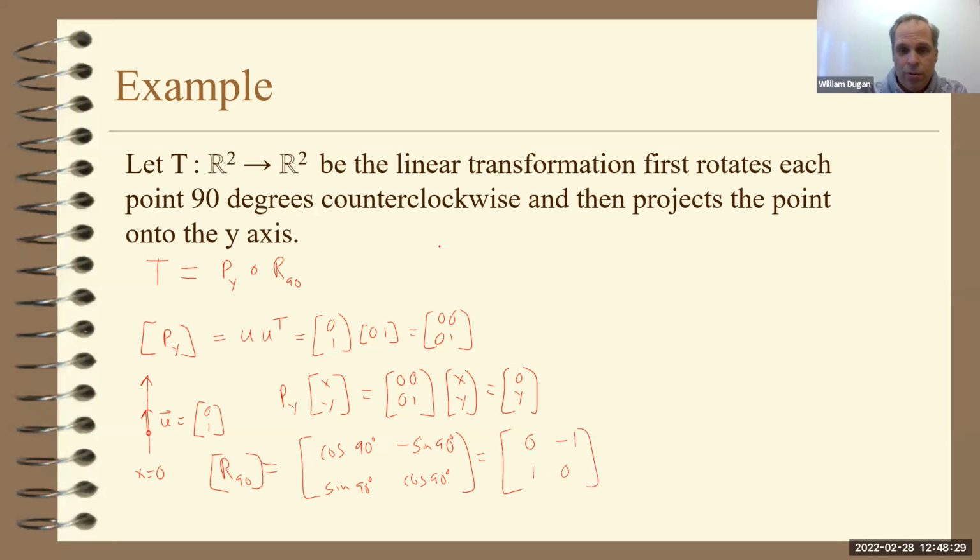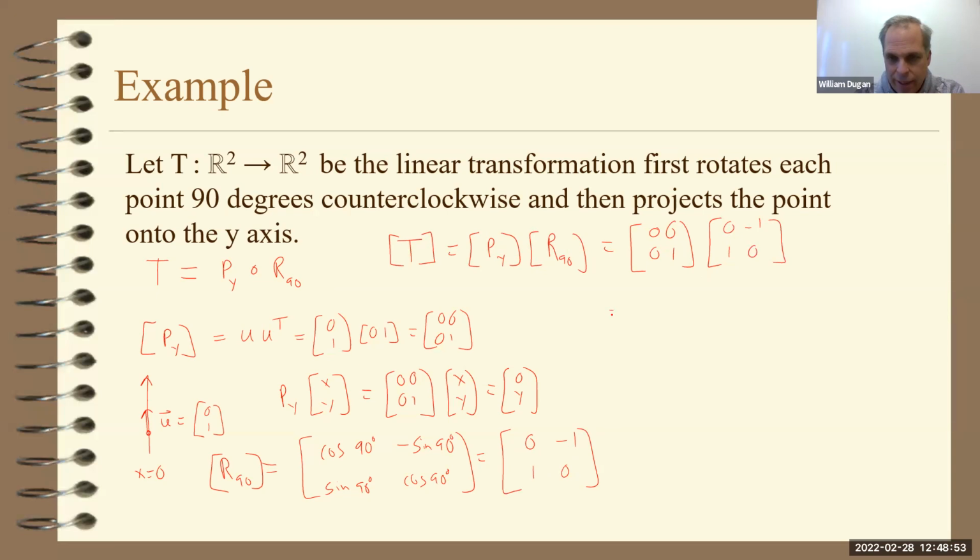So then if I want the standard matrix for this transformation, it's the standard matrix of this projection multiplied by the standard matrix of the rotation. So I'd have 0, 0, 0, 1 multiplied by 0, negative 1, 1, 0.